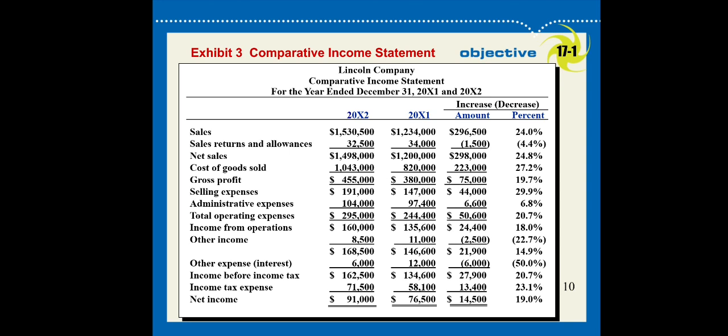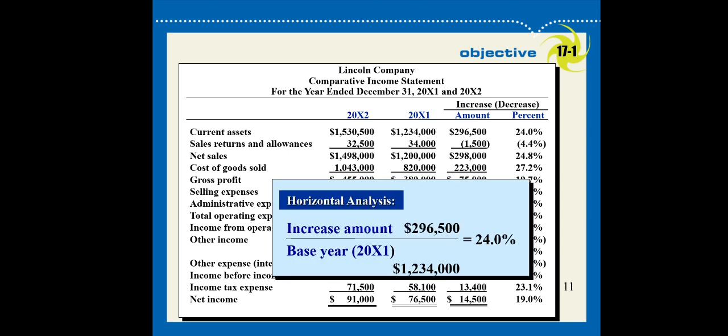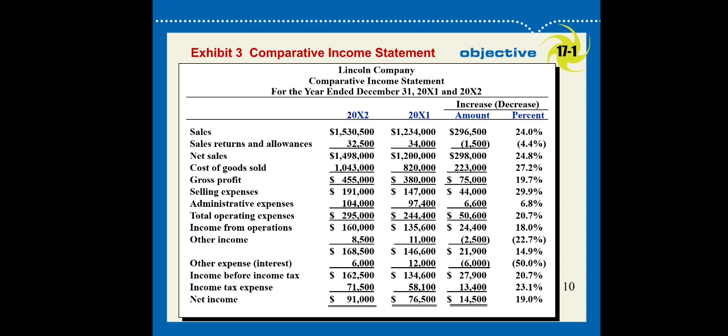How to calculate the 24%? 24% is equal to 296,500 divided by 1,234,000. So that is the way to calculate the increment or decrement in terms of percentage and in terms of amount. You have to do that for every item.